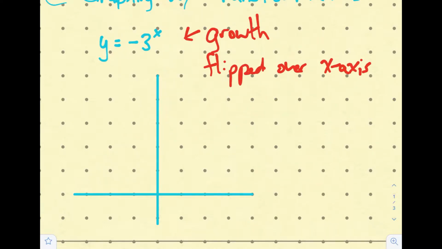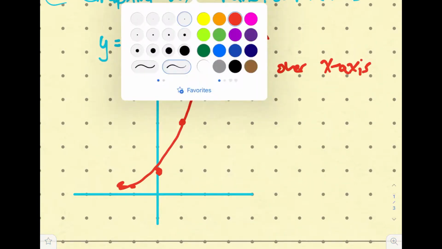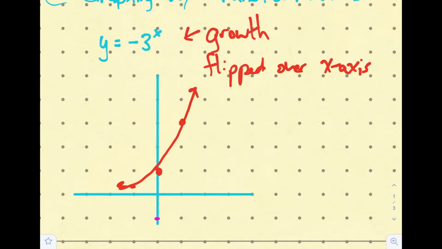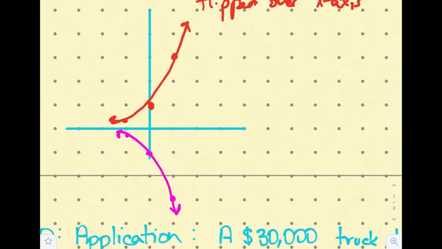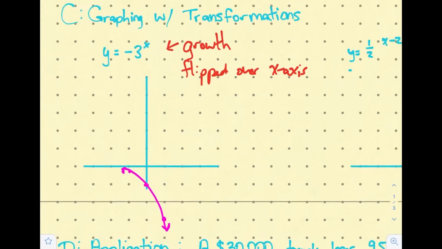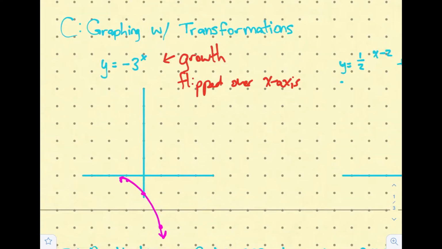So 3 to the x should have a point at 0, 1, a point 1, 3, and -1, 1/3. So that's 3 to the x. -3 to the x is then reflected over the x-axis. So that's the graph of y equals -3 to the x.